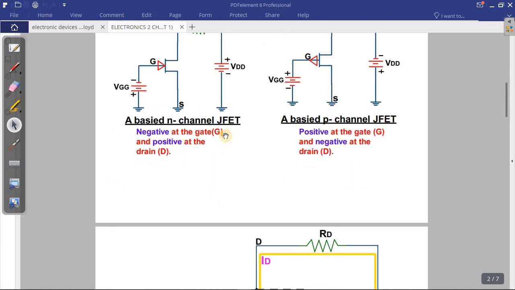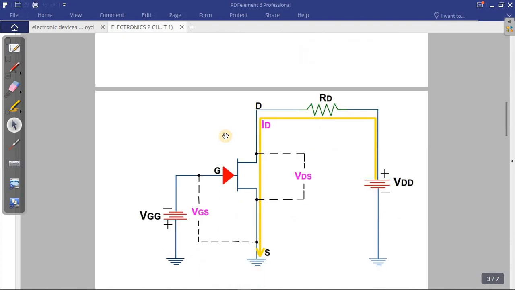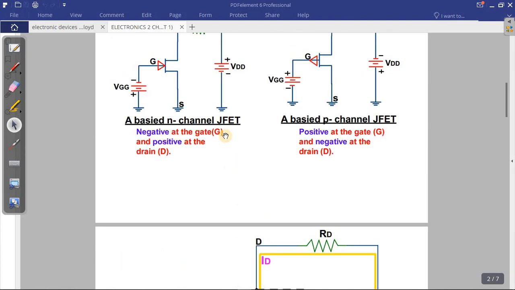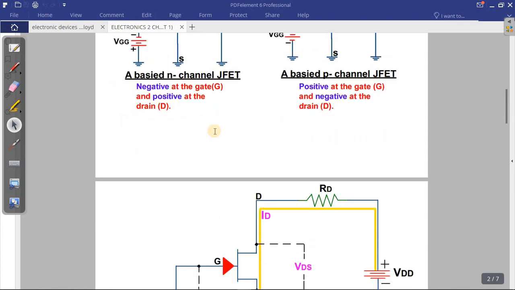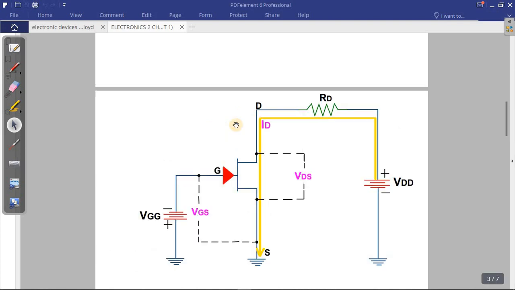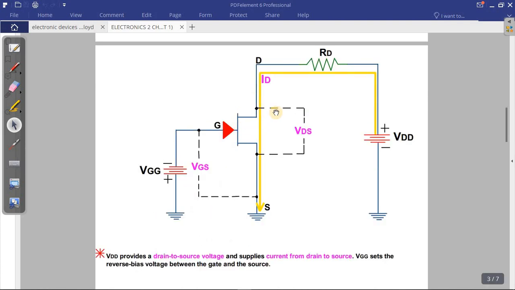Let's move down now and see what's going on. I just picked one transistor, the N channel, to explain, and I redrew everything down here. The sentence said that VDD provides the drain to source voltage.